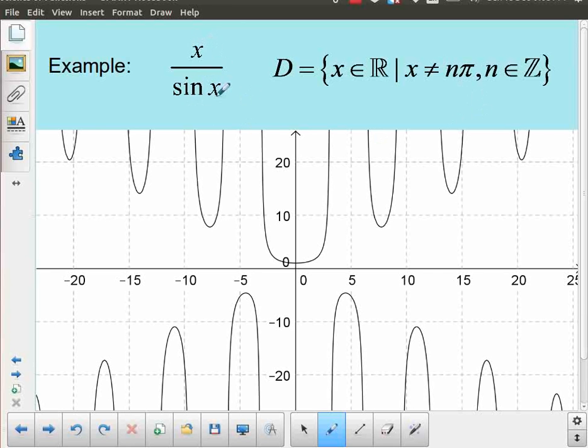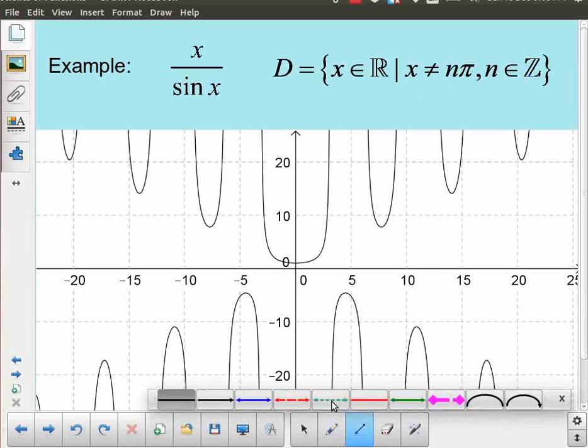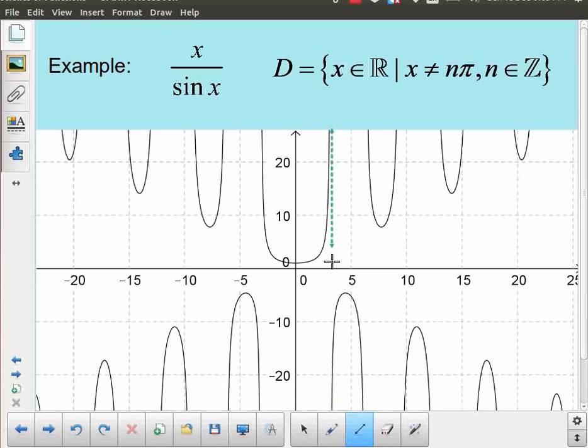This becomes a 0 over 0. But we have additional issues because sine x actually is equal to 0 in a number of locations. It's actually periodic in nature. So our restriction ends up being this periodic restriction based on multiples of an integer. And you can see pretty clearly where the asymptotes are coming in here. So there's an asymptote. I didn't quite hit it right on.